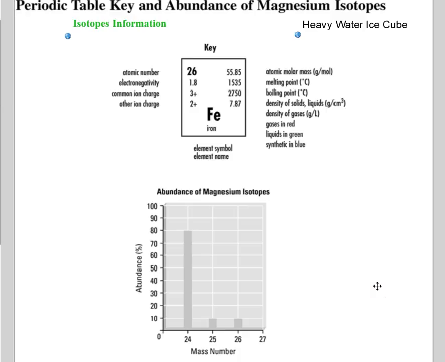When we look at a periodic table, we see lots of information on the grid. We see the atomic number, which represents the number of protons and the number of electrons. The electronegativity, we've examined that as well. Common ion charges and other ion charges. We see other properties such as melting and boiling points and density.